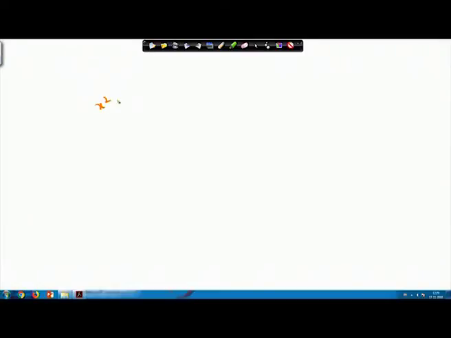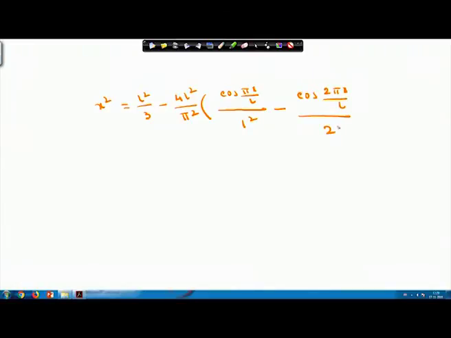your x square is equal to L square by 3 minus 4 L square by pi square, taking it in common, into cos pi x by L by 1 square minus cos of 2 pi x by L by 2 square plus cos of 3 pi x by L by 3 square minus, and like this way it will continue.